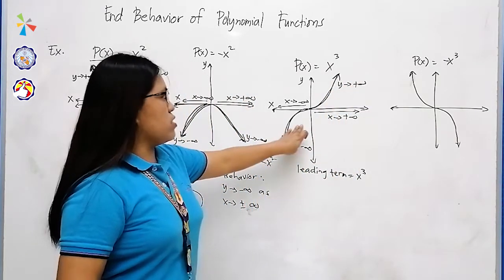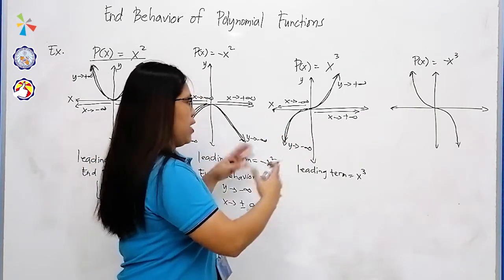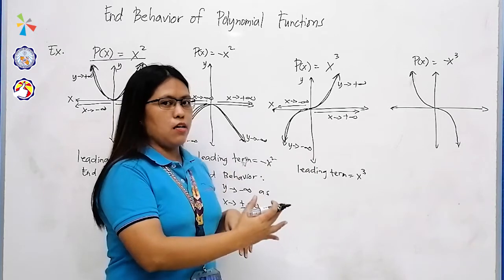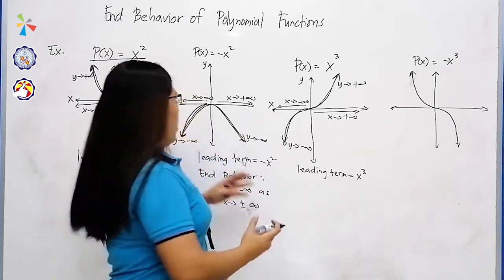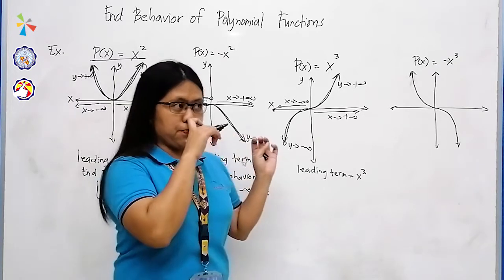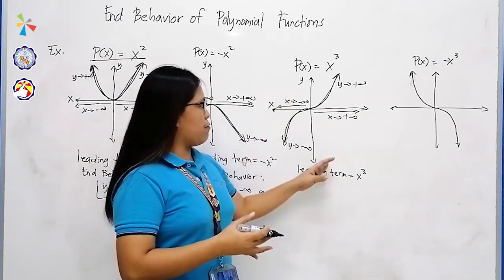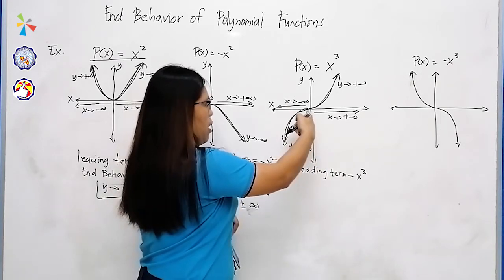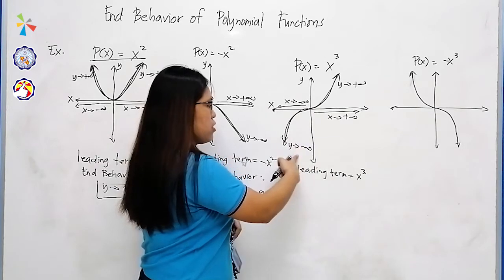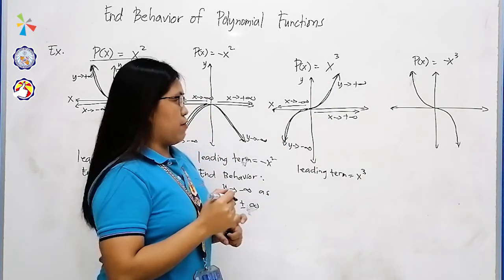So here, we see that for a cubic function, the left and the right side of the graph behave differently. While for the first two, they both go in the same direction, for a cubic function, they go in different directions. For the left side, y approaches negative infinity, while for the right side, y approaches positive infinity.